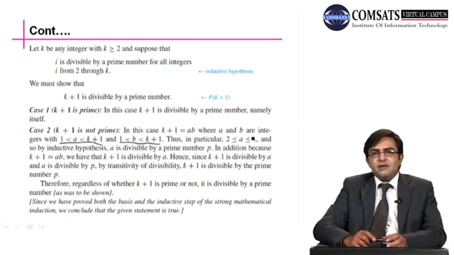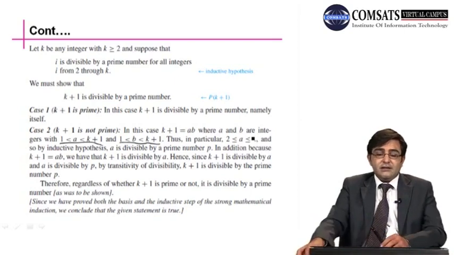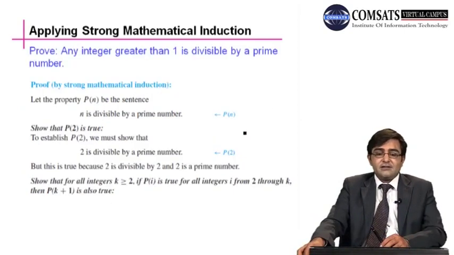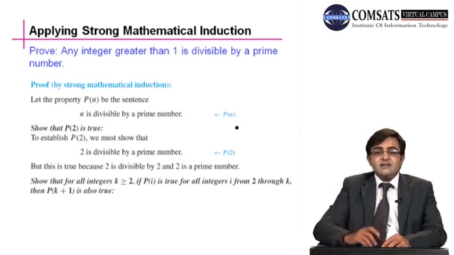So we can say that p of k plus 1 is true, and we are done. We have proved by strong mathematical induction that any integer greater than 1 is divisible by a prime number.